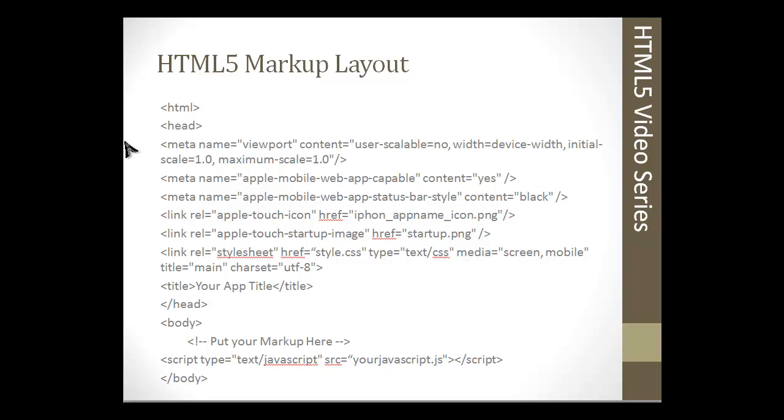So we have our basic HTML head and body tags. The first thing we have here is the viewport, and we want to set user scalable to no, because even though this isn't a native app, we want it to appear as a native app. So we want to scale it as if it was not in a browser, but as if it was a regular native app from the App Store.